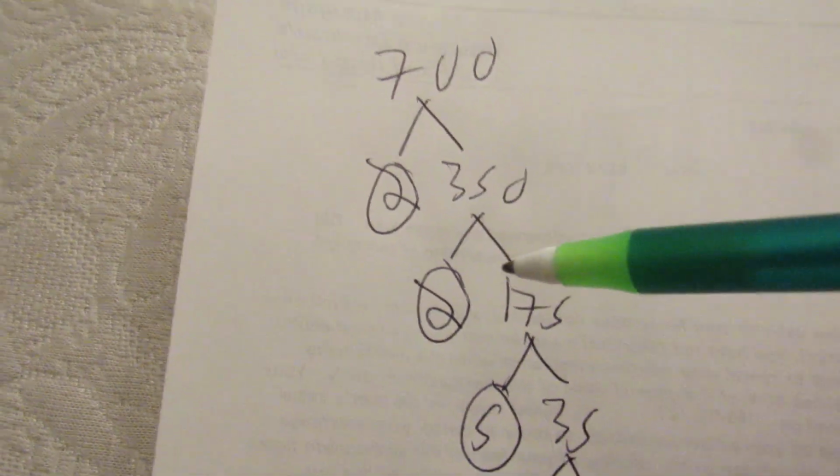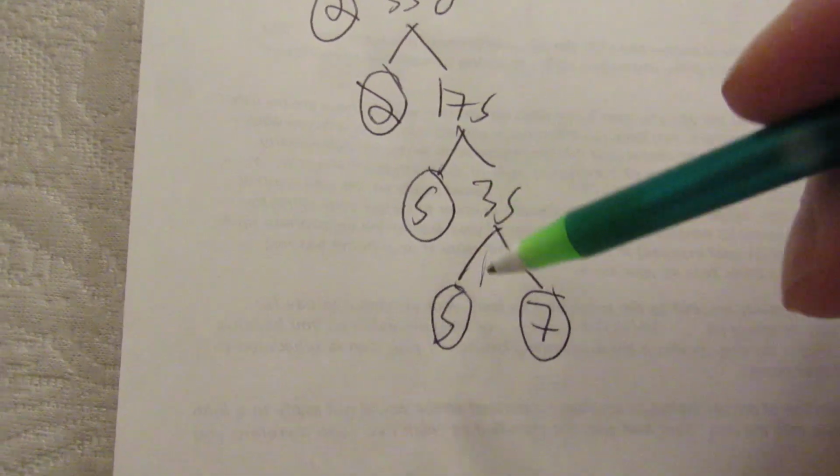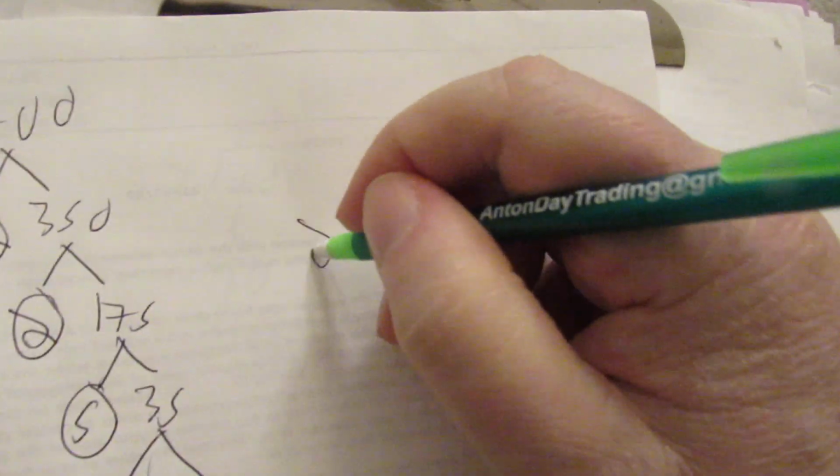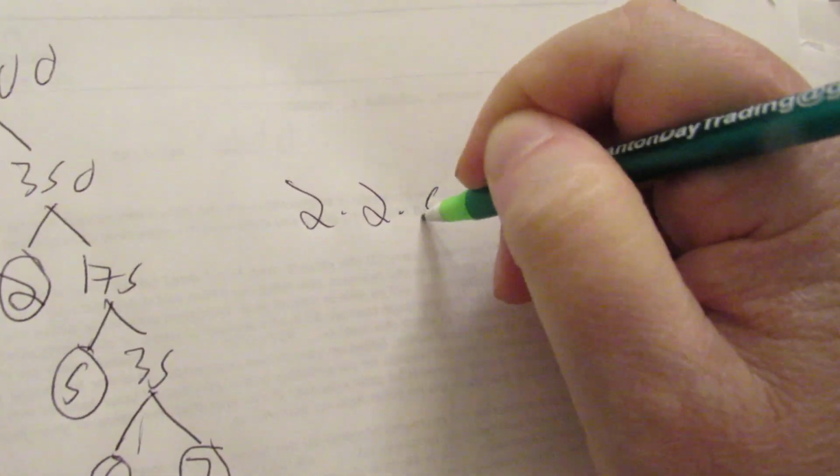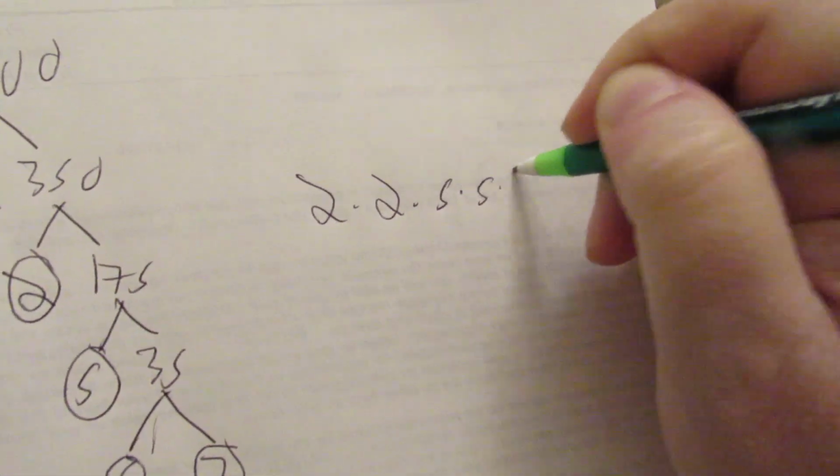We see a 2, a 2, a 5, a 5, a 7. So we can say 2 times 2 times 5 times 5 times 7.